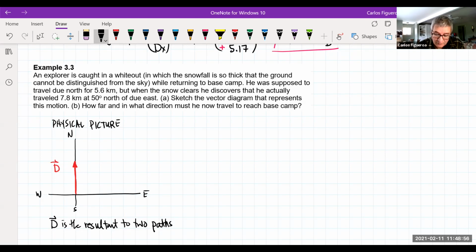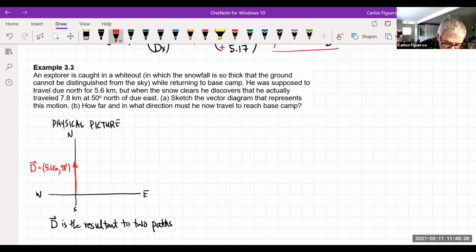Let me move this over just a little bit. We see that D has a length of 5.6 kilometers, and his angle is 90 degrees. That's what this person wanted to do here.